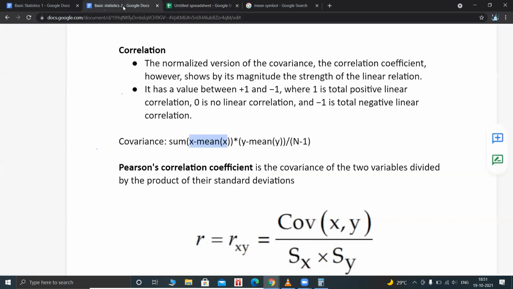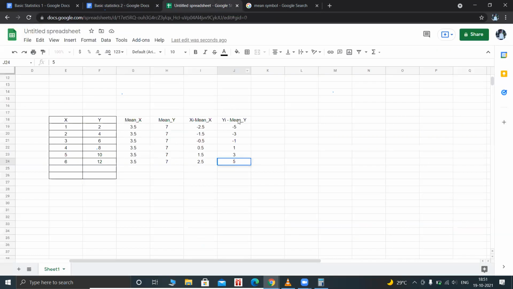Now, covariance is x minus mean of x into y minus mean of y, right? So we need to do the product of these two, x minus mean of x and y minus mean of y.